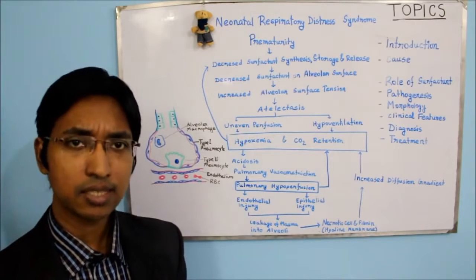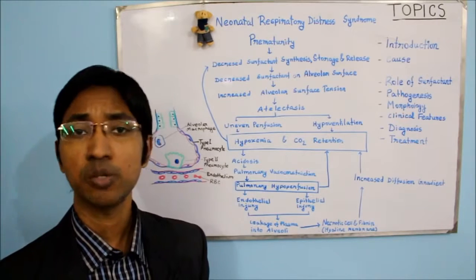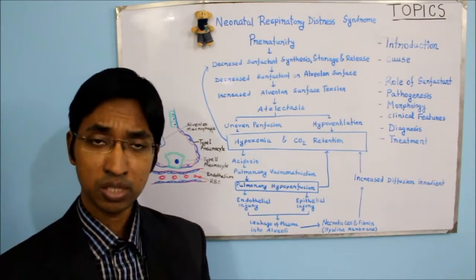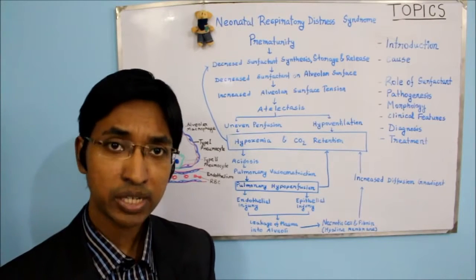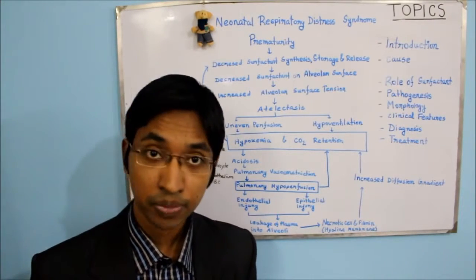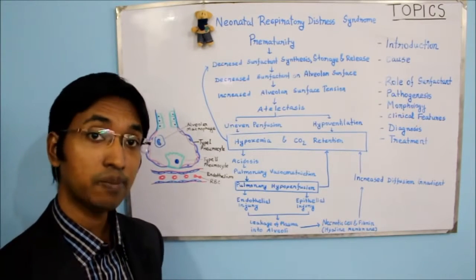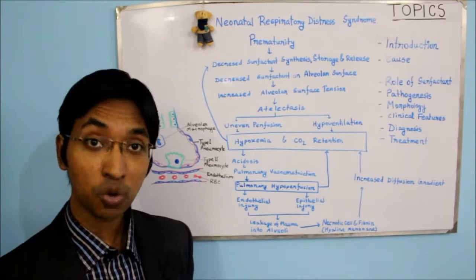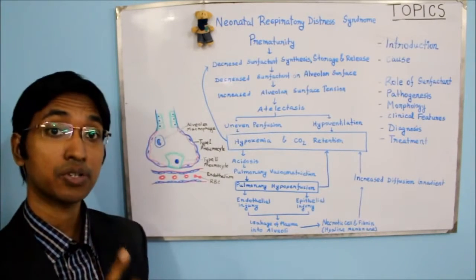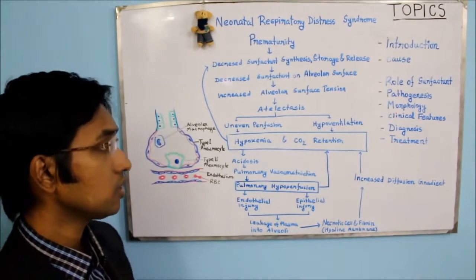So in this case, the baby has to exert high inspiratory pressure, not only for the very first time when the baby begins to breathe, but also in every subsequent breathing. That means every subsequent breathing of this baby will also require the extra effort that was needed for the very first breathing. And that is the problem with this disease.